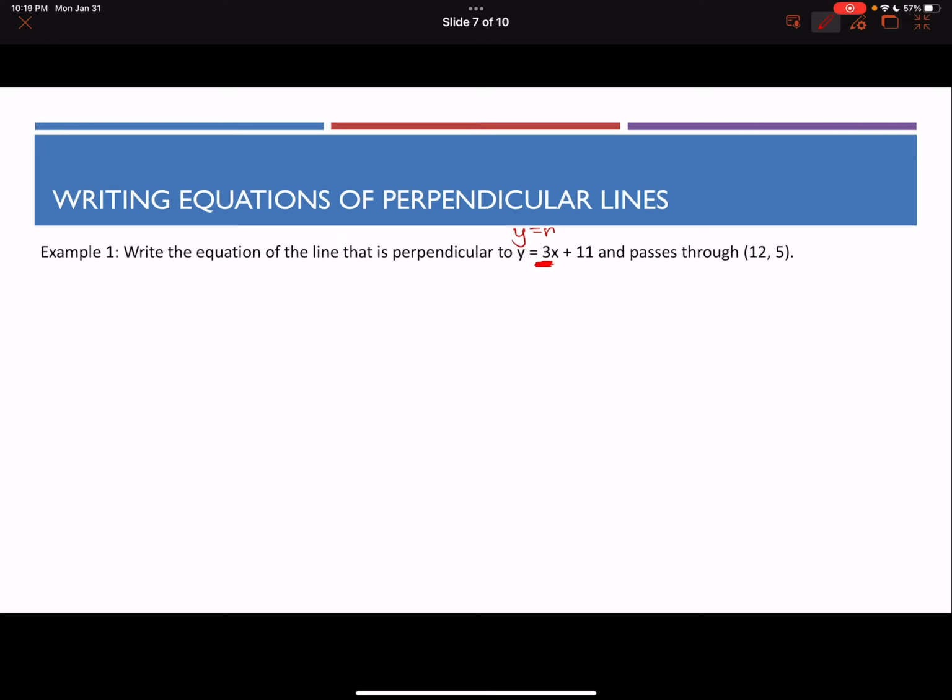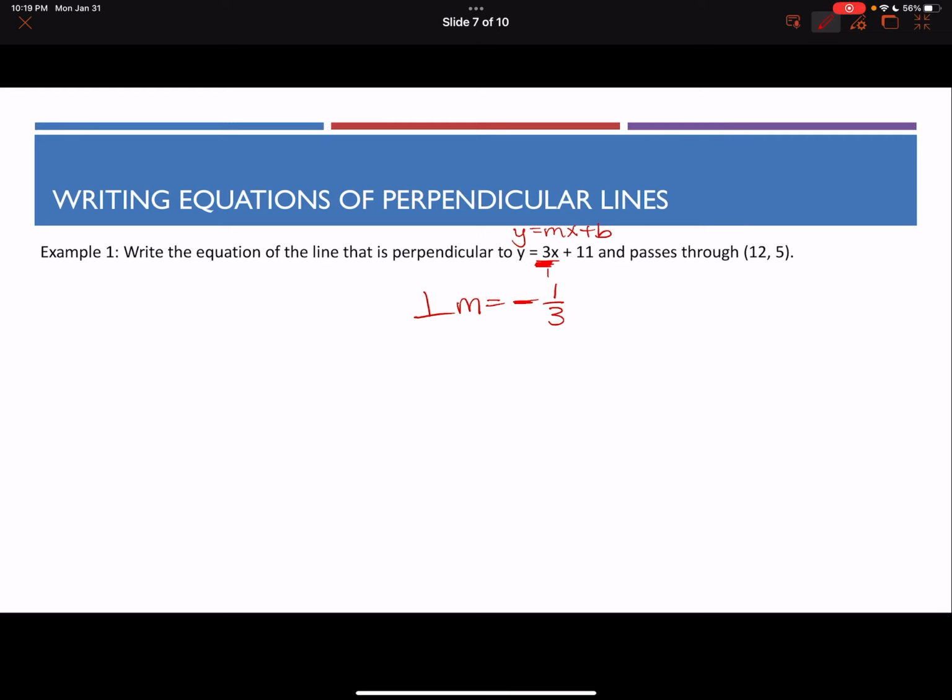This is like y equals mx plus b. So if the slope of this line is 3, the perpendicular slope is what I have to find first. Remember, I need to switch the sign and flip the fraction. So it was positive 3, and that's like 3/1. So I need to make it a negative 1/3. So my new slope is going to be negative 1/3.